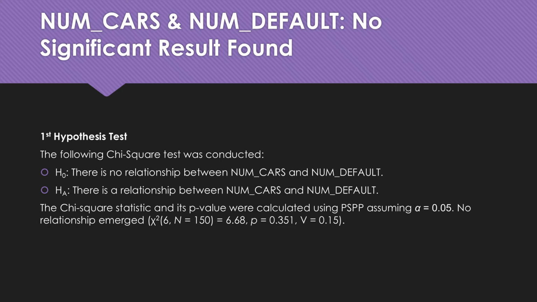We found that no relationship emerged. The chi-square was 6.68, the p-value 0.351, and the Kramer's V is 0.15, which is basically no significance.